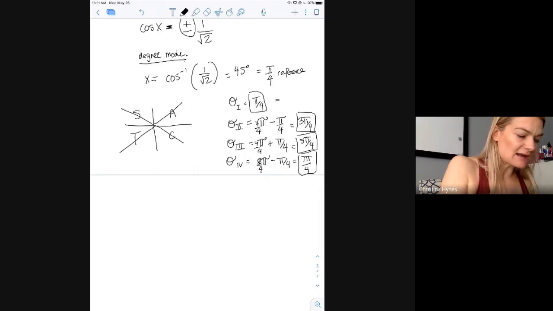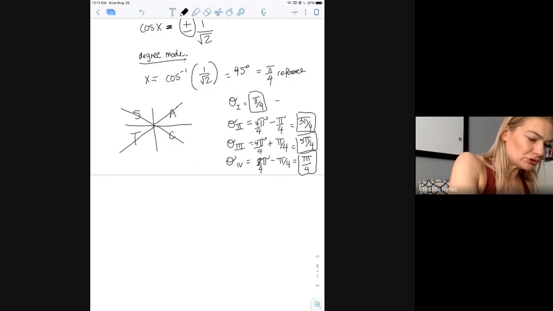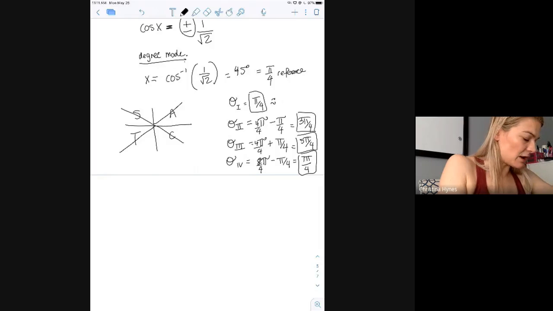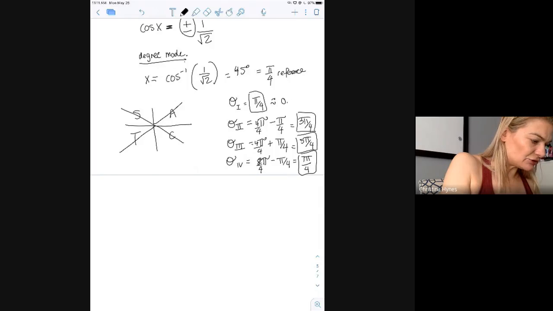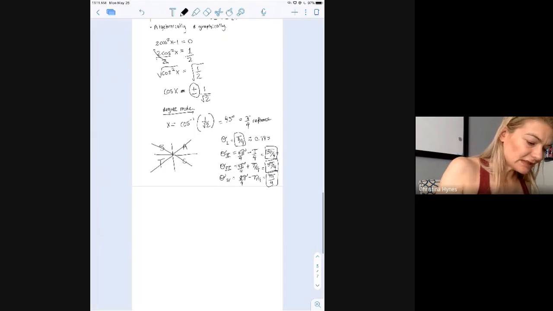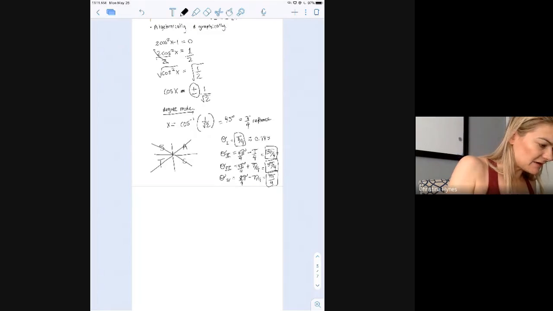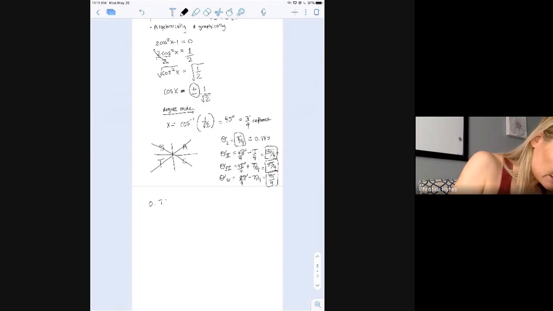So I'm going to go pi divided by 4 in my calculator, and I know it's approximately equal to, this is how I'm going to check to see if I'm doing this properly. I'm going to get 0.785 approximately. Then I'm going to do that for each one. My next one, 3 pi divided by 4 is approximately equal to, I'm just going to write the answers here actually.